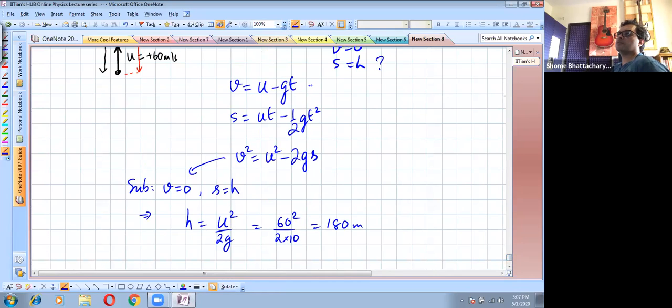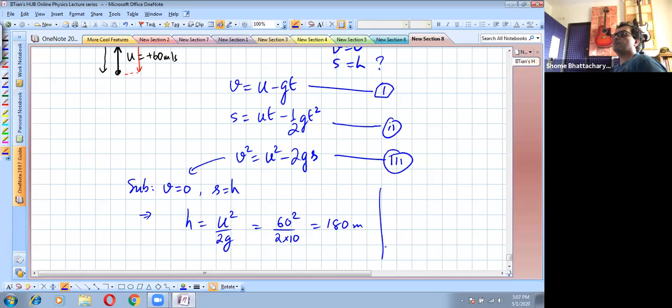So this is our equation 1. This is our equation 2. And this is our equation 3. Now you can also see from equation 1 that at the highest point, the time will be how much?